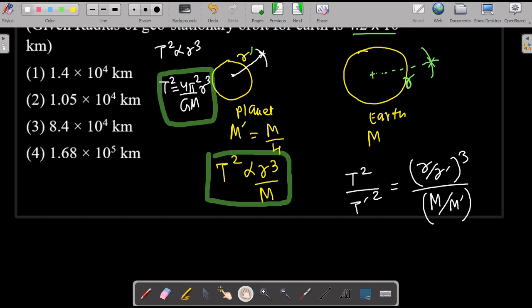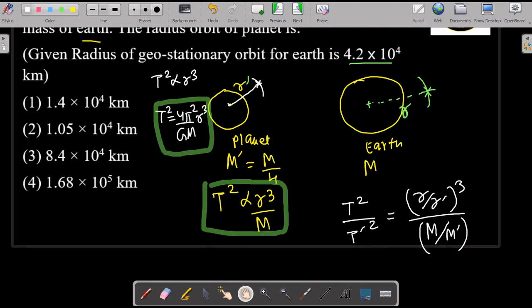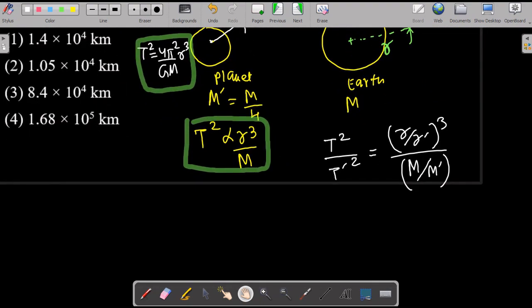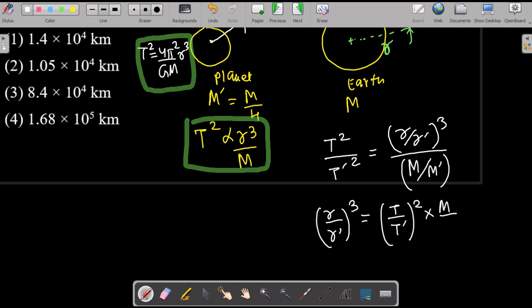So what do we want? We want r dash. Okay, so r by r dash whole cube is equal to t by t dash whole square into m by m dash.